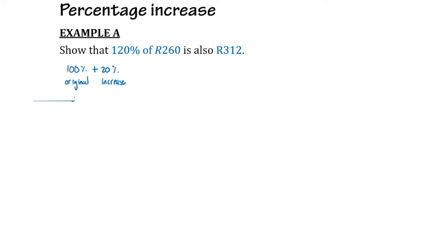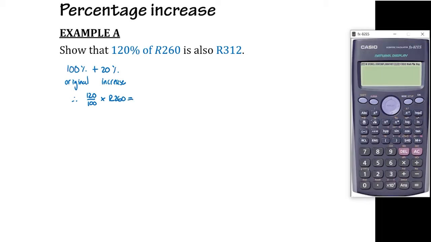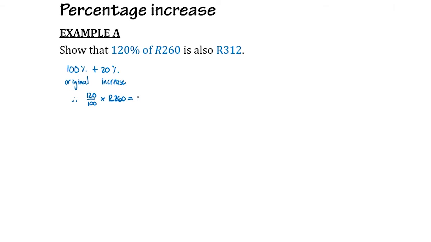So, therefore, if we take 120% and we multiply that by 260, what do we get? Well, let's take out our calculators here. So we've got 120 over 100, and then we're going to multiply that by 260.